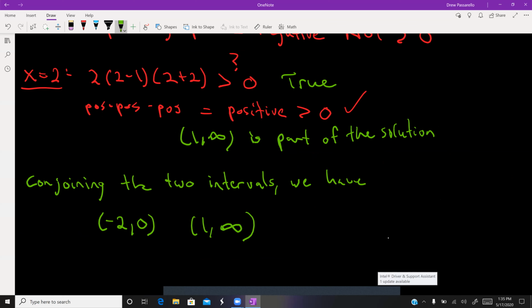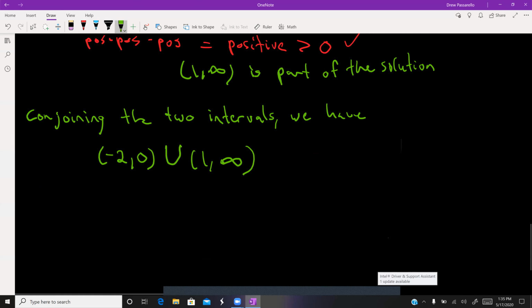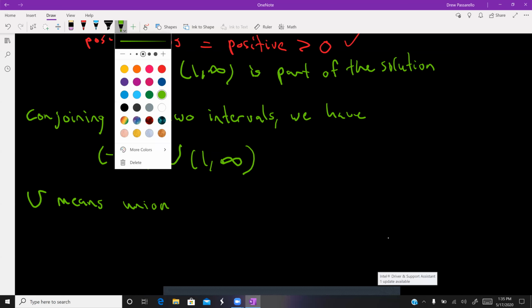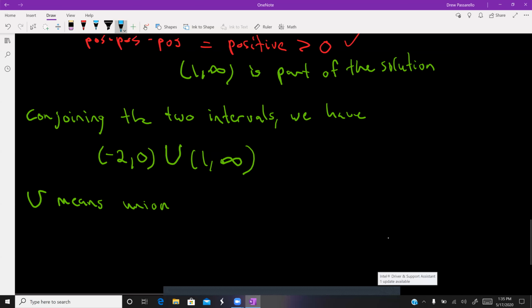That's my solution. And to conjoin it together, you're going to use this symbol. It stands for union. All right, this should be review. This represents union. It's the union of the two intervals. So that's going to be my answer.